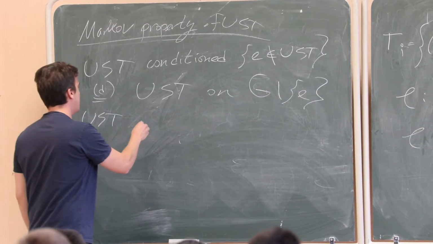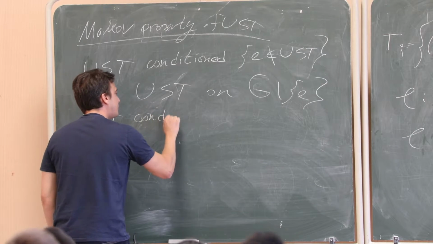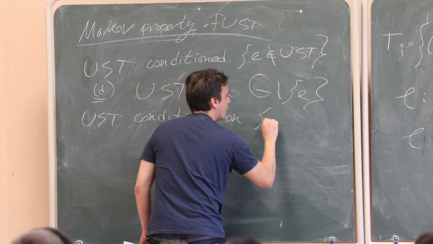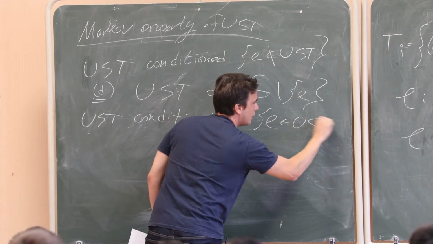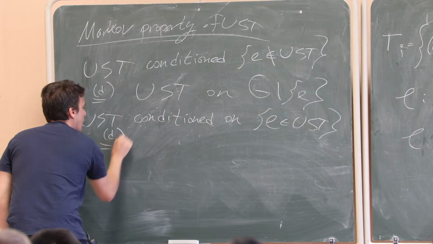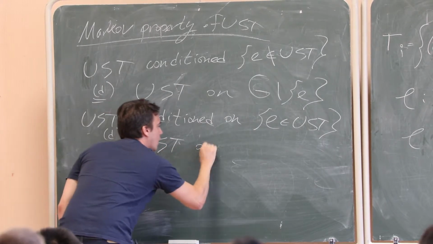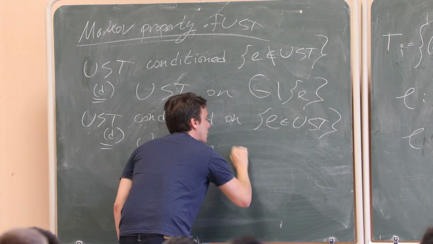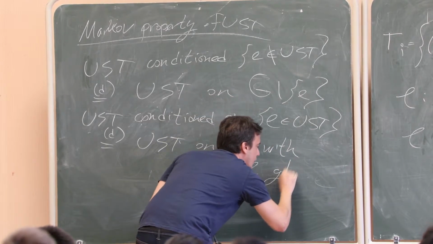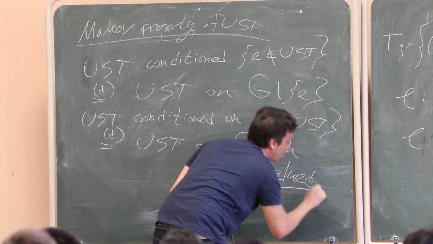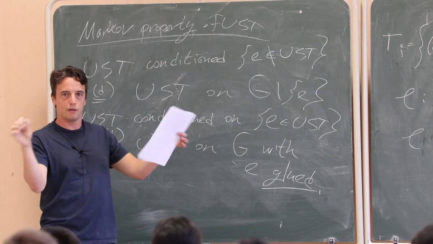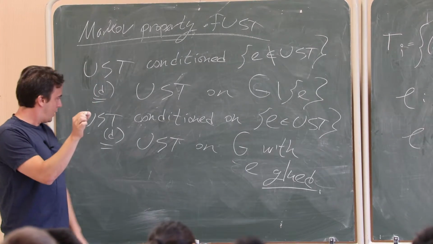So the UST conditioned on the event that the edge is in the UST has the same distribution as the UST on G with E glued. By glued, I mean I'm gluing the two endpoints, just like the food that we're eating here.